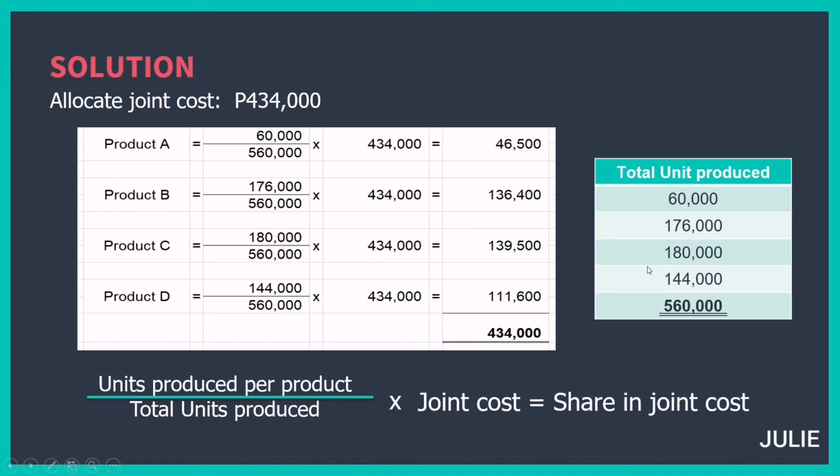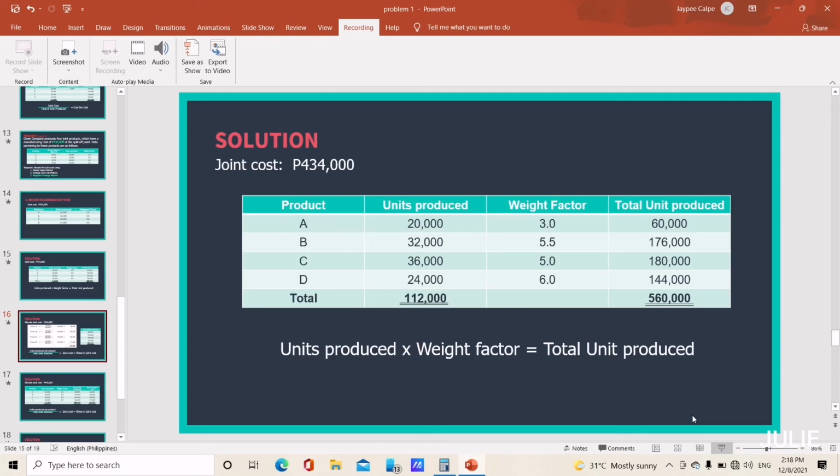In allocating the joint cost, which is the 434,000, using the weighted average method, we will use the formula below: units produced per product divided by total units produced, multiplied by the given joint cost, equals share in joint cost.